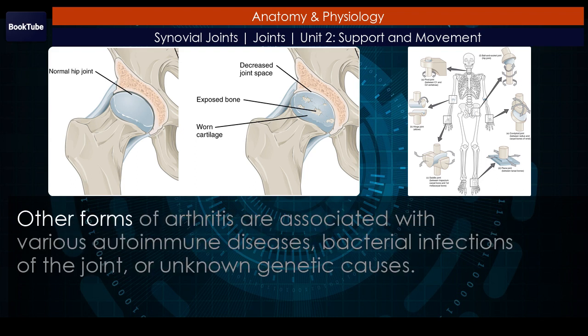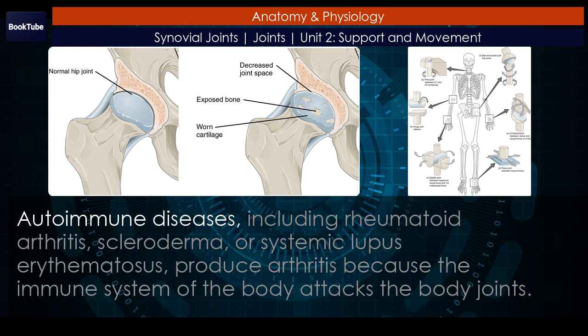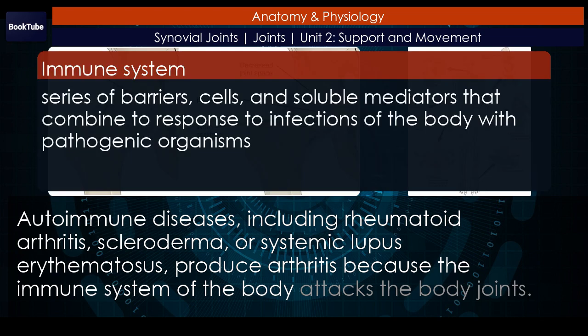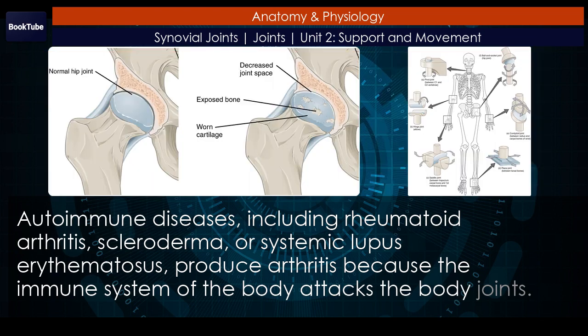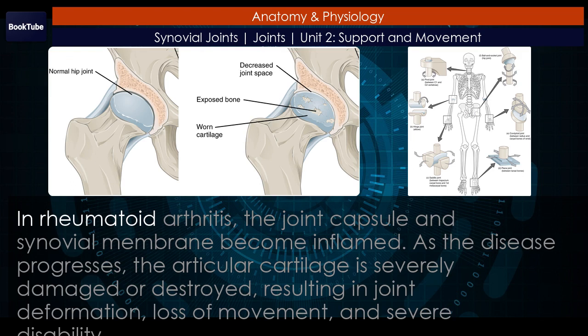Other forms of arthritis are associated with various autoimmune diseases, bacterial infections of the joint, or unknown genetic causes. Autoimmune diseases, including rheumatoid arthritis, scleroderma, or systemic lupus erythematosus, produce arthritis because the immune system of the body attacks the body joints. In rheumatoid arthritis, the joint capsule and synovial membrane become inflamed.